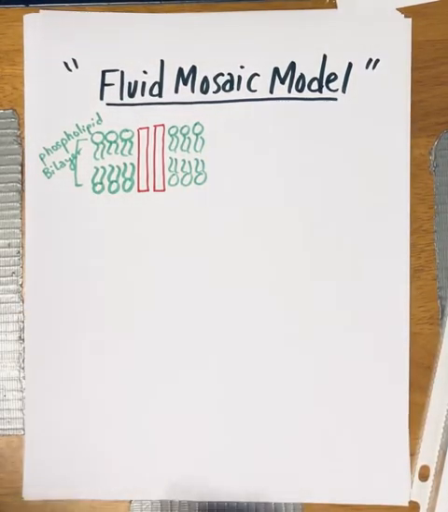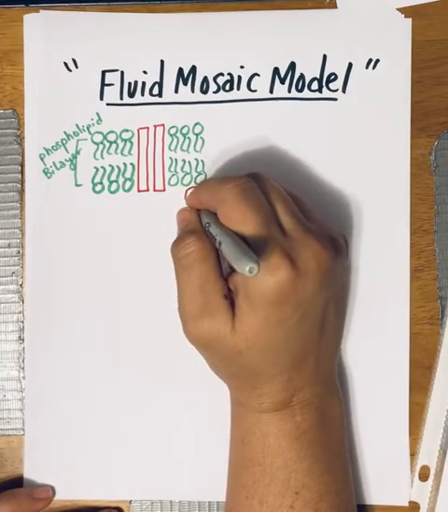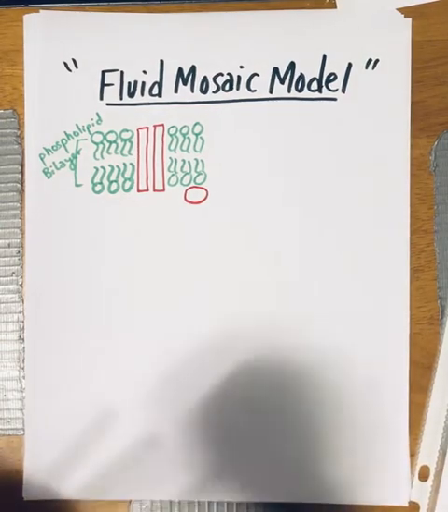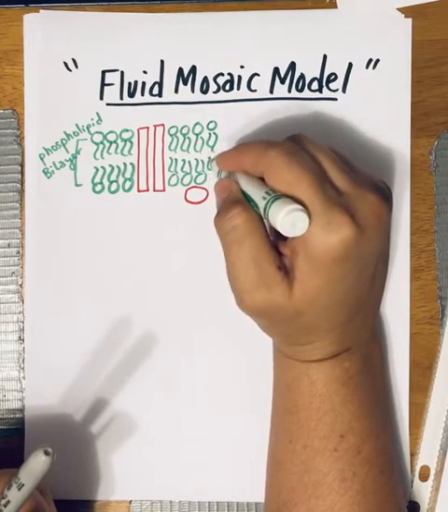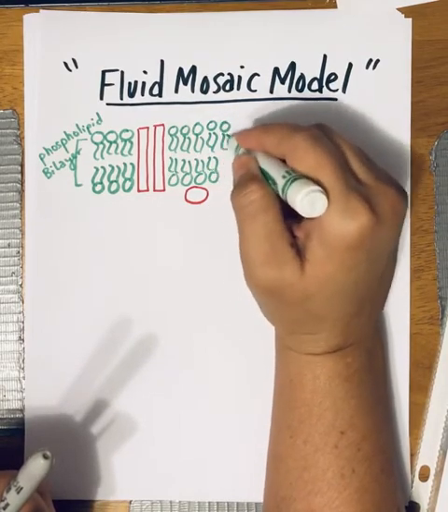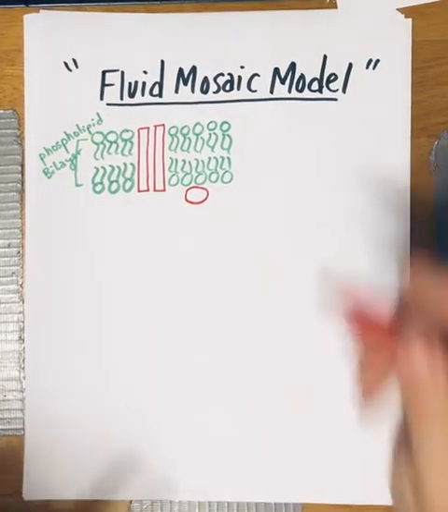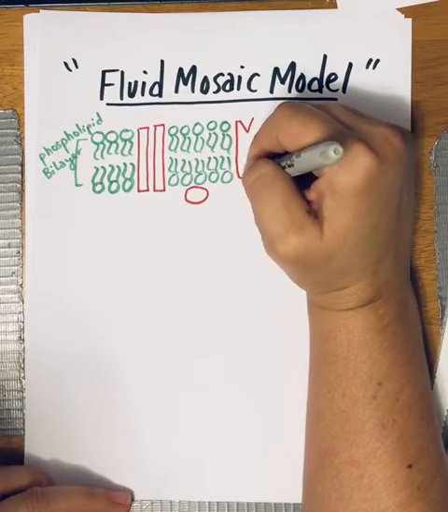Now, some of your proteins are only on one side. So if it's on one side, that would be a peripheral protein. Putting some more phospholipid bilayers in there. So all of your proteins are going to vary in size and shape.